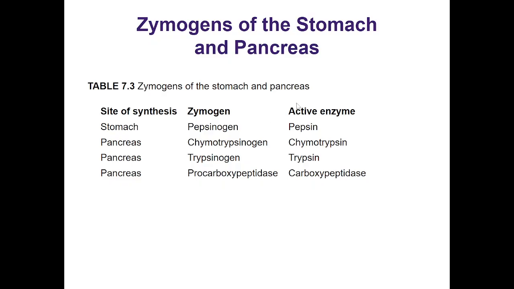Zymogens of the stomach and pancreas are some of these right here. So the stomach, one of the main zymogens that you would talk about would be pepsinogen. By the way, notice the zymogen part right here. So pepsin, ogen for zymogen of it. Okay, and then that active enzyme would be called pepsin. The pancreas, we have chymotrypsinogen.